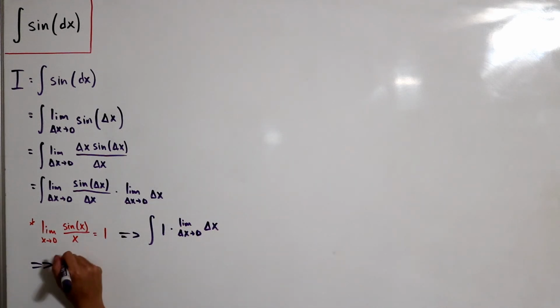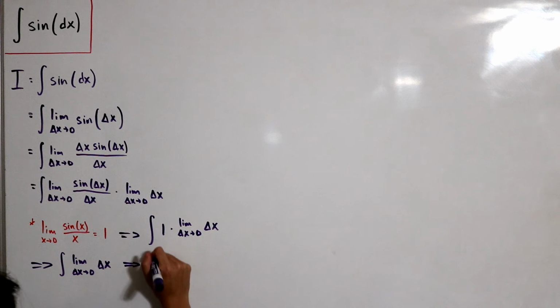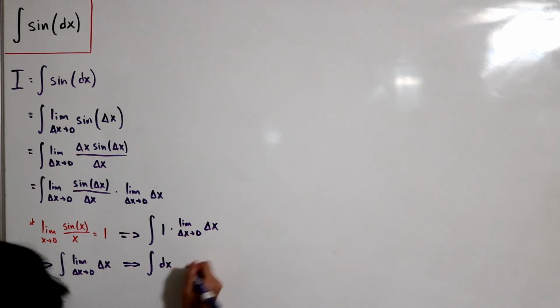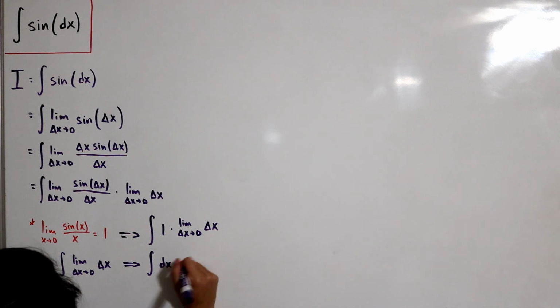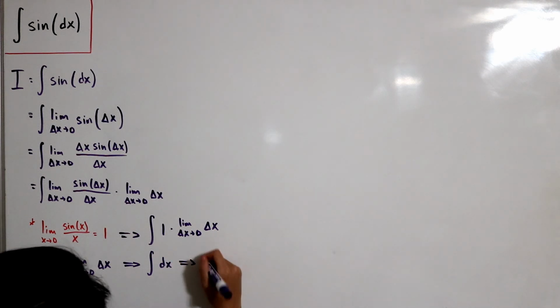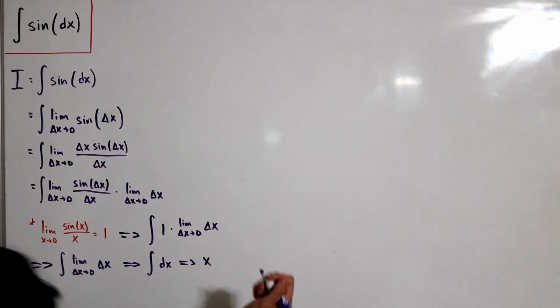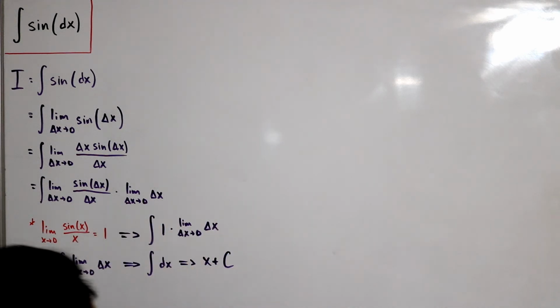Therefore, this is the limit as delta x approaches 0 of delta x, which is another way of defining a differential dx, and we could say that this is just the integral of dx. Of course, anybody who has taken basic calculus knows that this is just x. And then, of course, for indefinite integrals you must add your constant, so plus c. And there we have it.